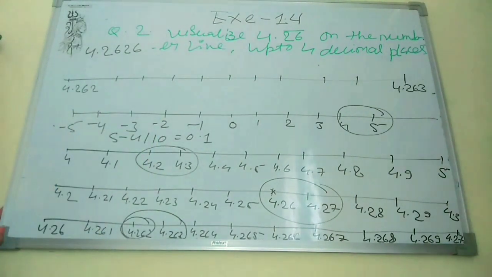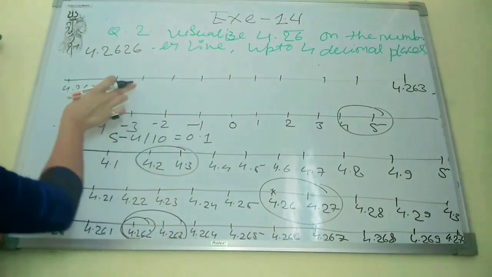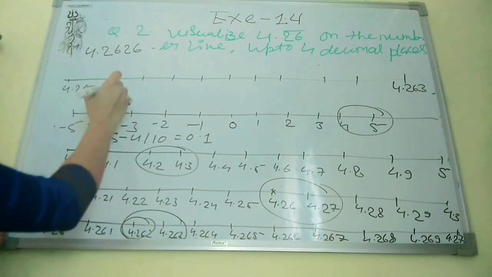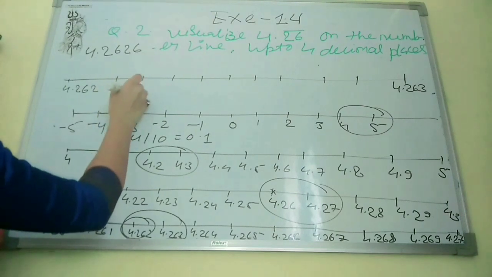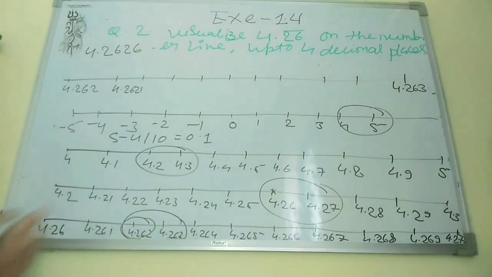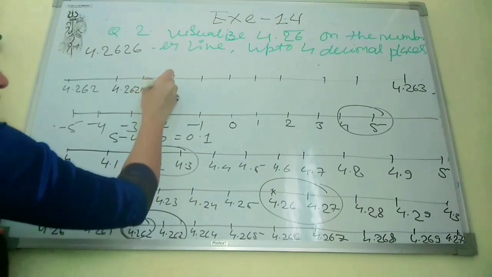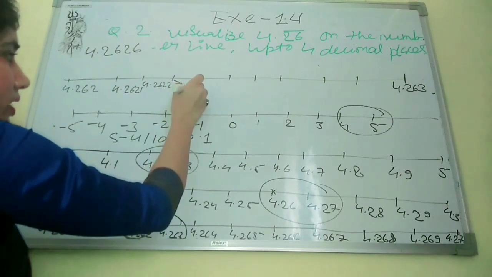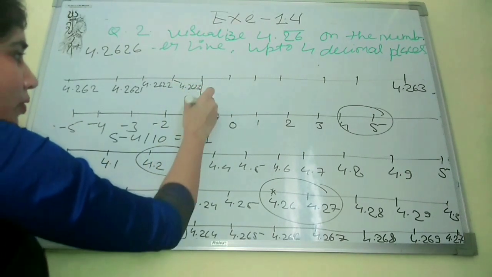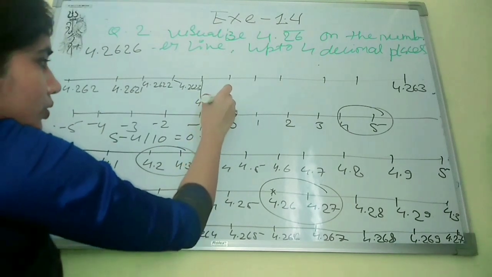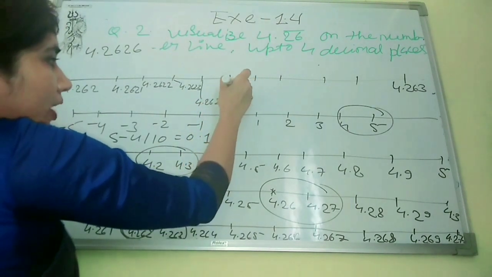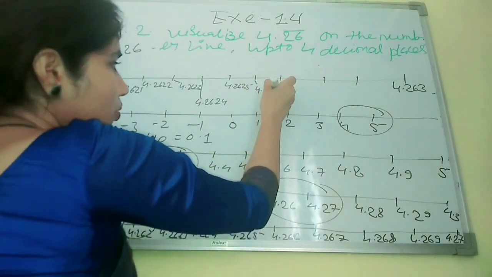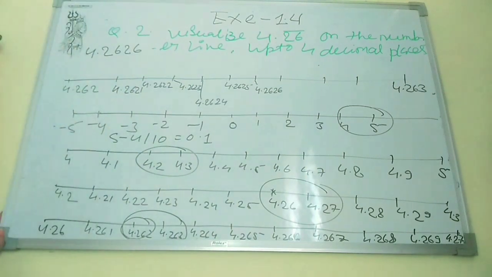Again we will start showing the digits the same way. We will subtract these digits and divide by 10. So what will we get? The first position will be 4.2621, 4.2622, this will be 4.2623, this will be 4.2624, this will be 4.2625, this position will be 4.2626.